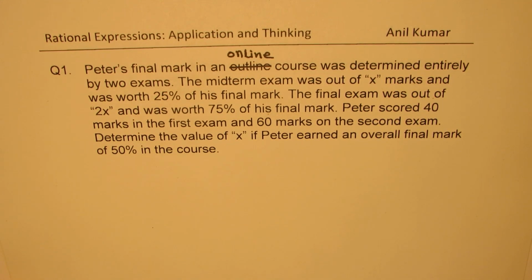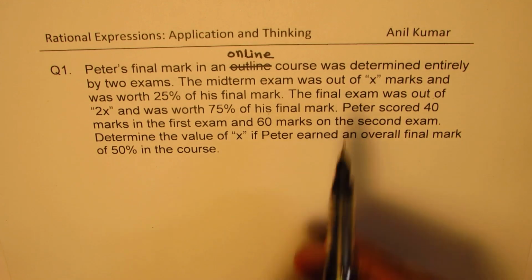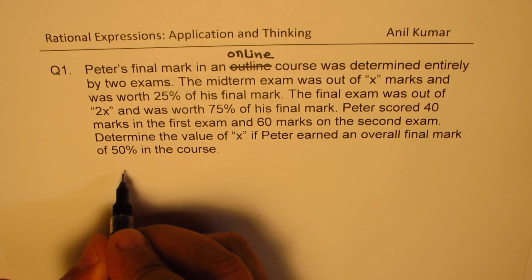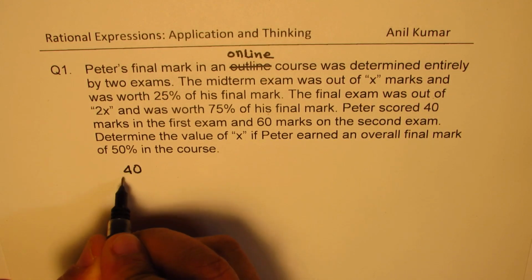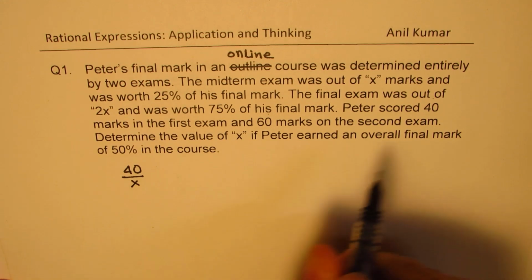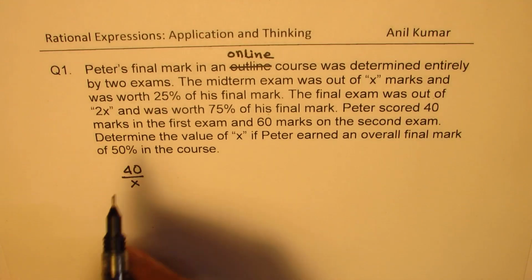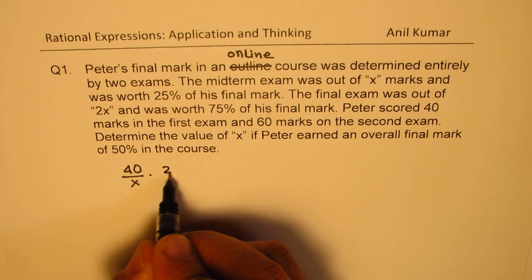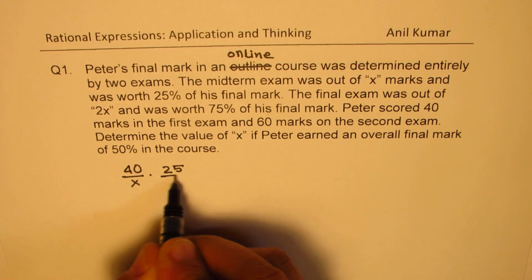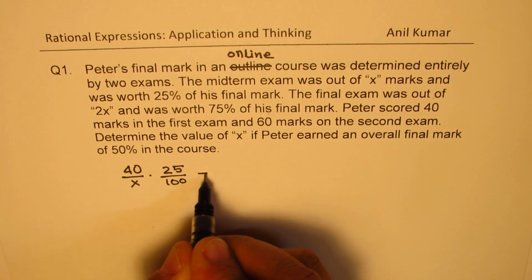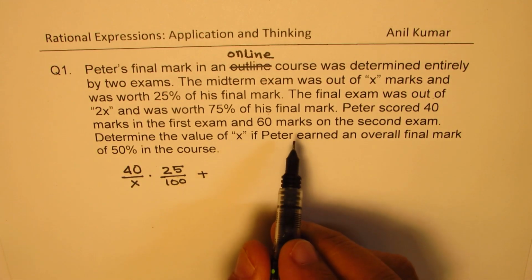So let's write down the equation. He earned 40 out of X in the first exam, and the weightage for this was 25%. So times 25 out of 100. Plus second exam, which is the final exam.